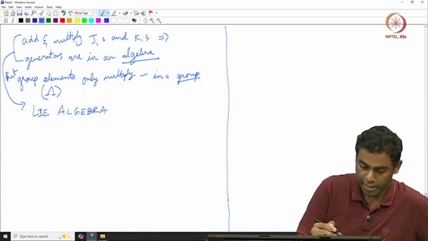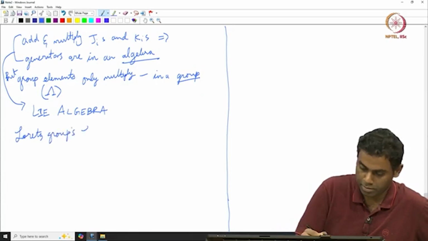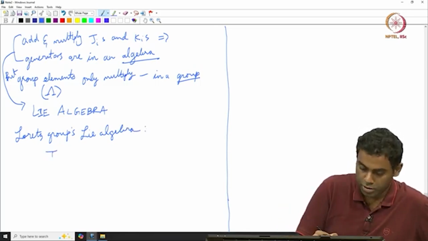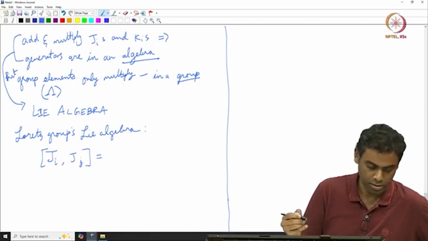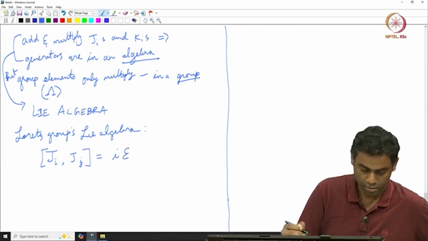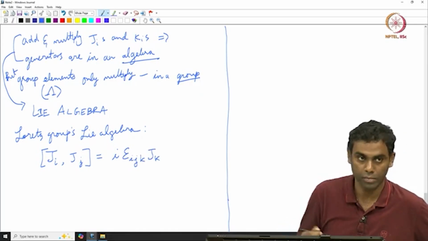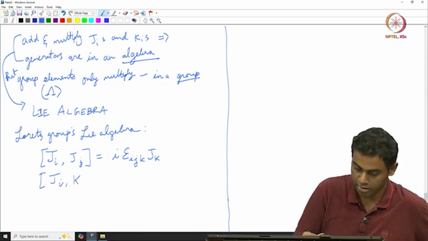In the case of the Lorentz group, I am just going to write the Lorentz group's Lie algebra, you can also call it the Lorentz algebra. It looks like this. This is the algebra that the generators themselves live in, satisfy. The rotations go like this. Of course, you are familiar with that.